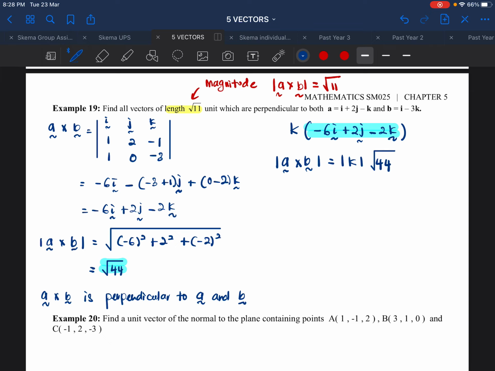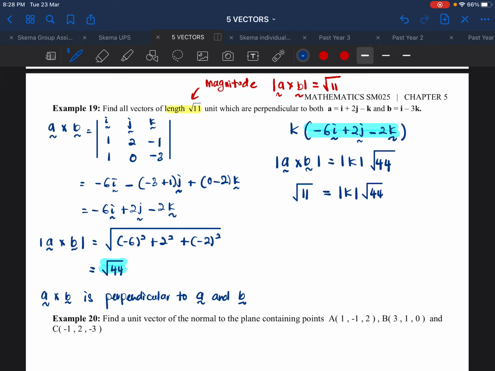Okay, so macam mana nak selesaikan ni? Sekejap sebelum tu, kita tahu magnitude of A cross B kita ada square root 11 dekat sini. Okay, so ini sama dengan square root 11. So ini kita ada magnitude K, square root of 44.